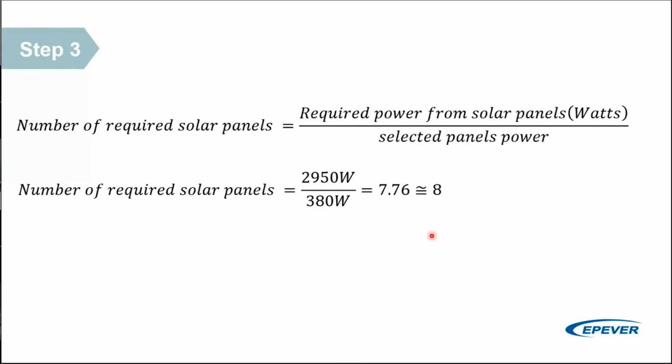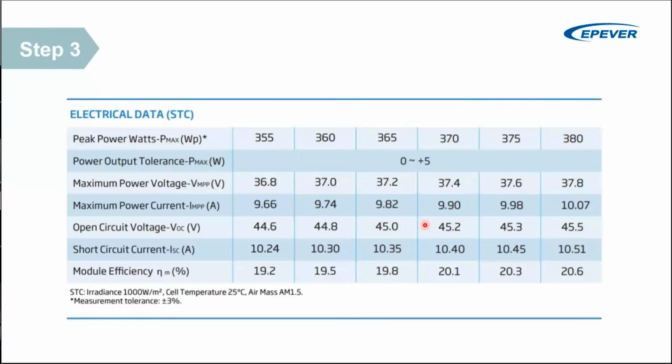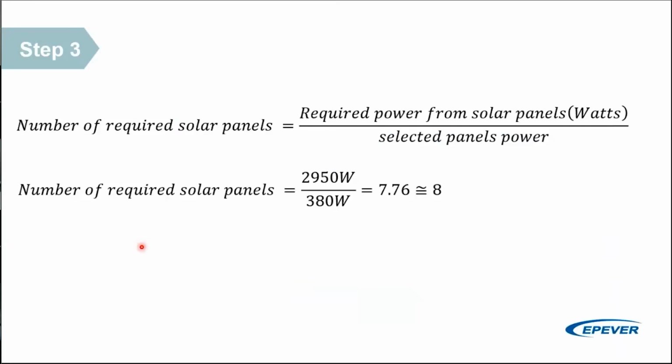And these two numbers, the open circuit voltage and the short circuit current, are going to affect the charge controller that we are going to choose. So now we are almost determining what kind of charge controller we need.